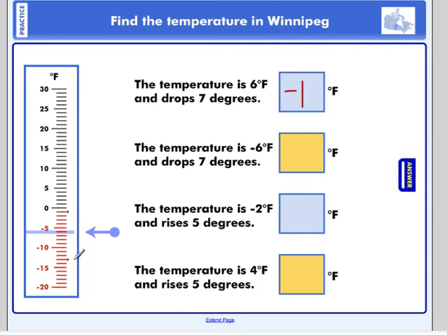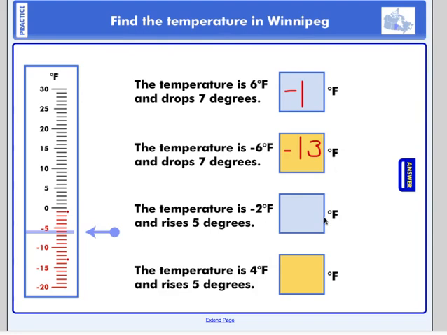Where are we at? Right, negative 13. Try these last two. Okay, pause the video and see if you can solve them. Then resume the video.